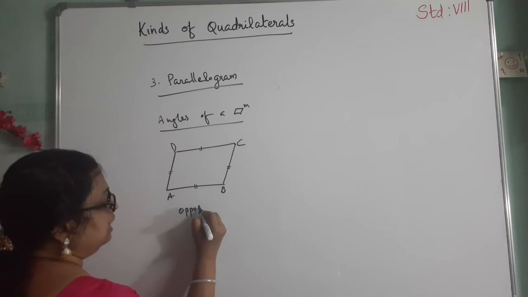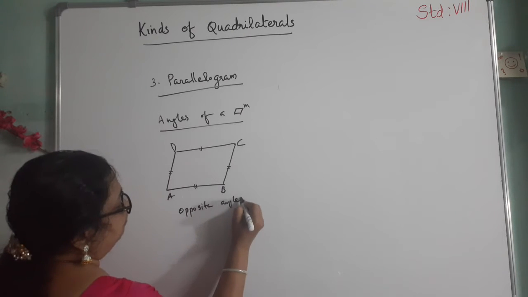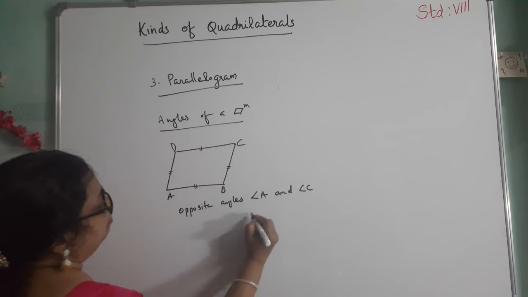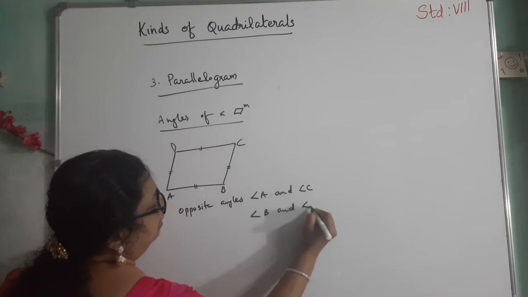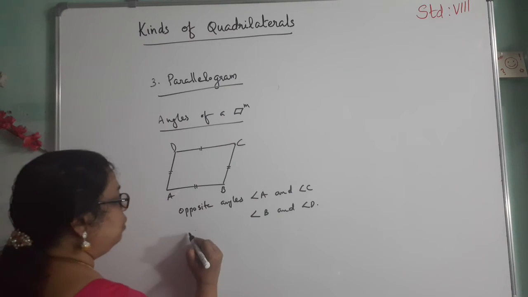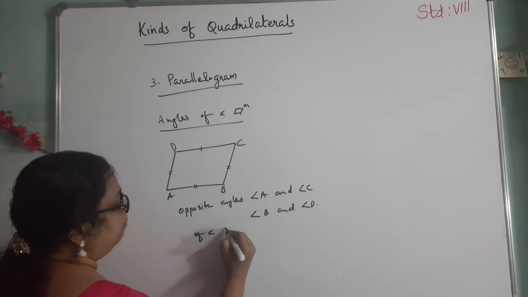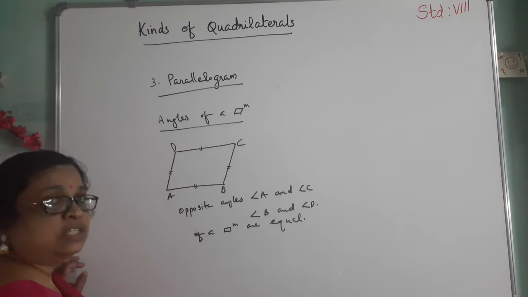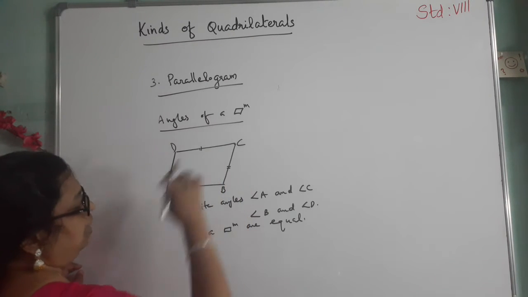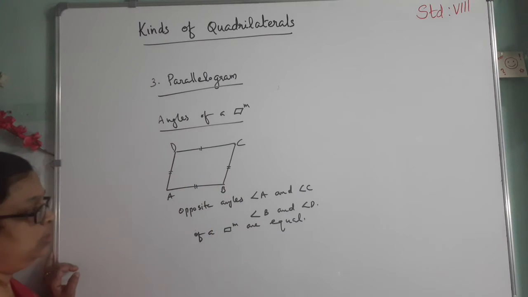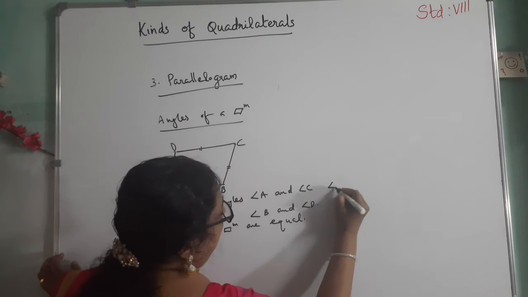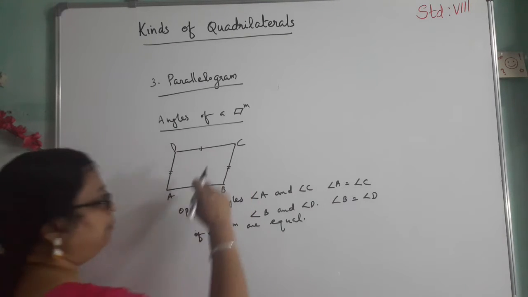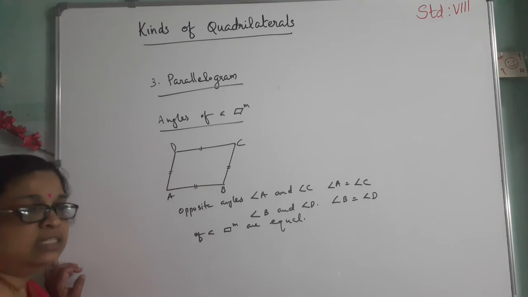The opposite angles are angle A and angle C, then angle B and angle D. So the opposite angles of a parallelogram are equal. A and C are equal. B and D are equal. That is angle A equals angle C, angle B equals angle D. So in a parallelogram, opposite angles are also equal.